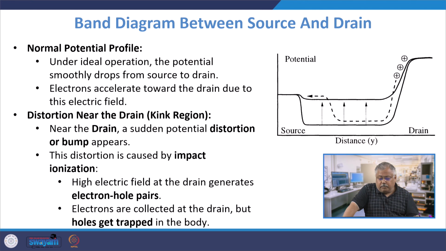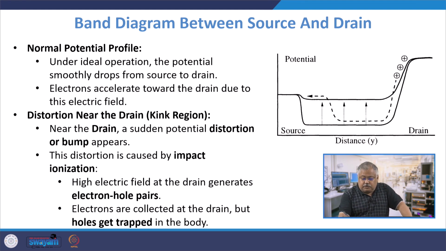Now let us look at the normal potential profile. If you look at the ideal operation, there will be a smooth change from source to drain, and the electrons will therefore accelerate from source towards the drain end by applying a positive drain bias. However, there will be a distortion because of kink effect near the drain edge, right. The potential will suddenly distort.